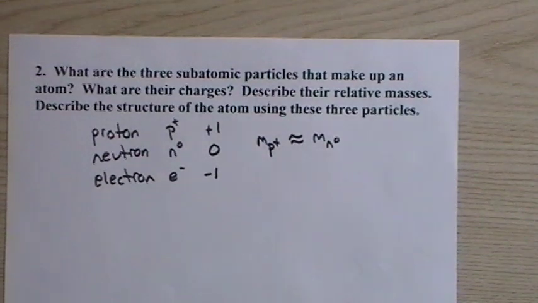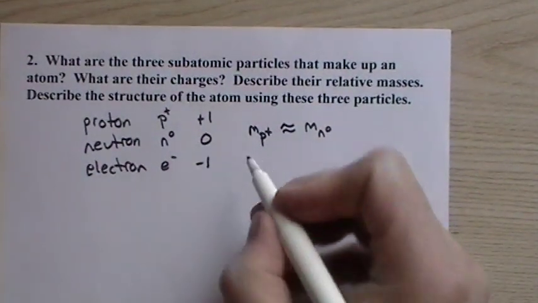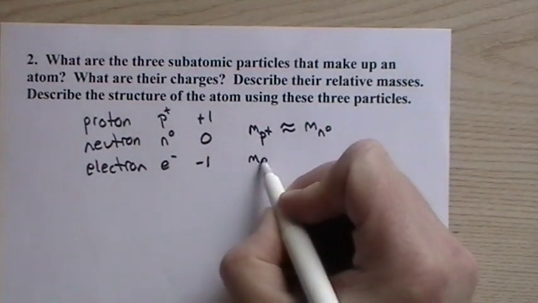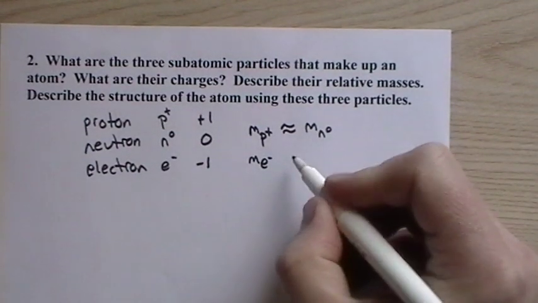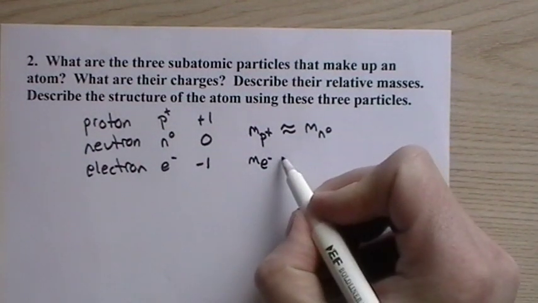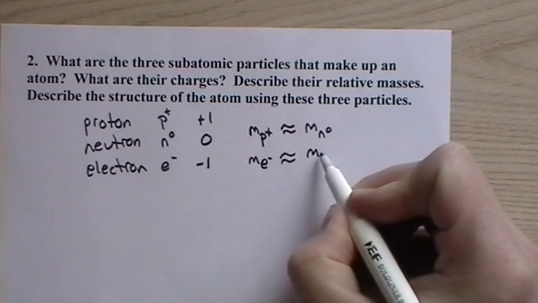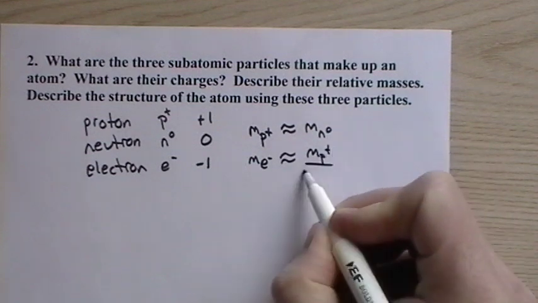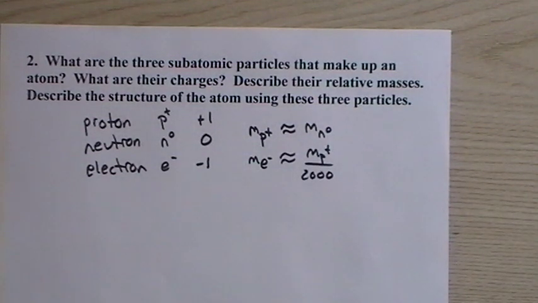Neutrons are slightly heavier. And then the mass of the electron is approximately equal to the mass of a proton divided by 2,000. Or an electron is 1/2000th the mass of a proton and mass of a neutron.